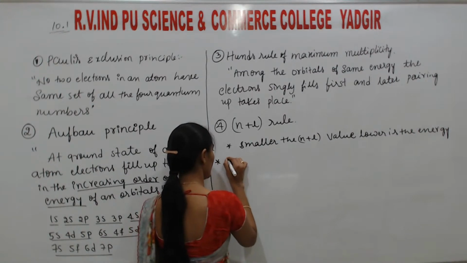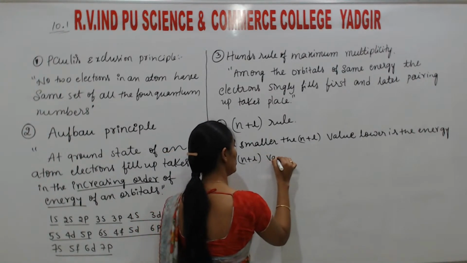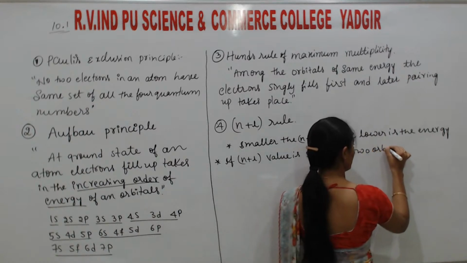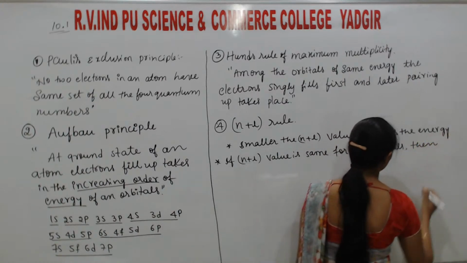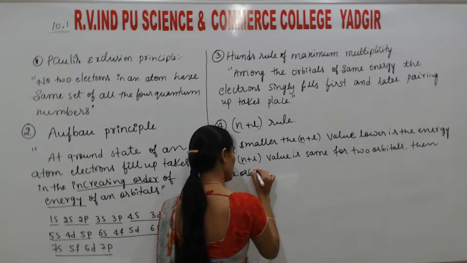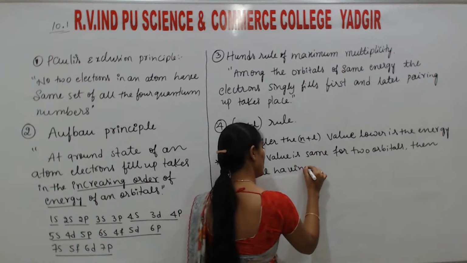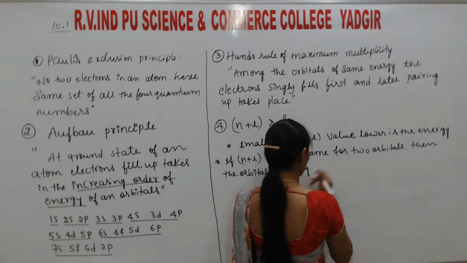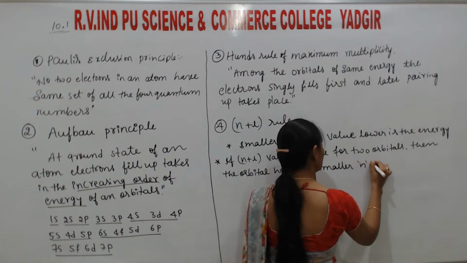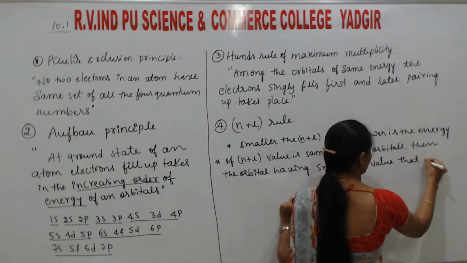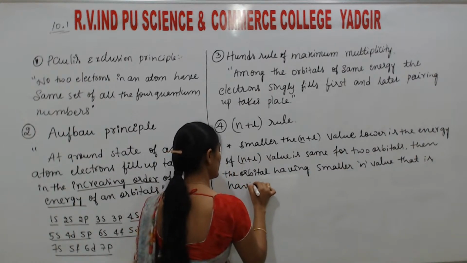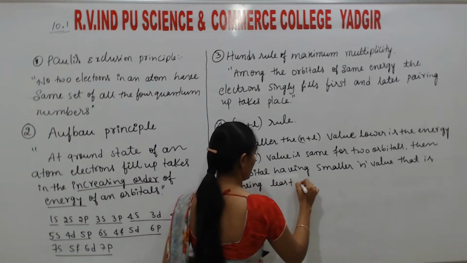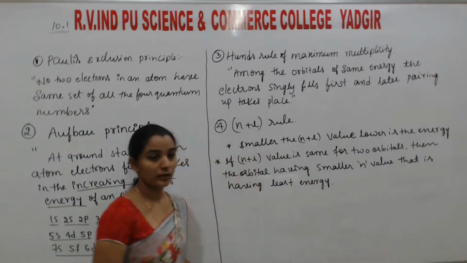Next, the second one: if the n plus l value is the same for two orbitals, then the orbital having the smaller n value is having the least energy. These are the conditions.